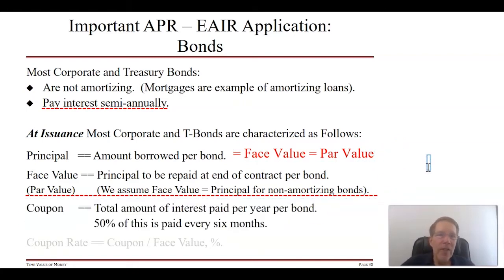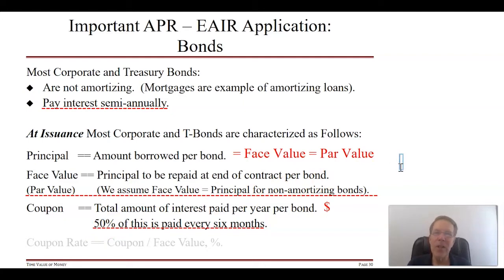The coupon is defined to be the total amount of interest paid per bond, and that's measured in dollars. So the coupon is a dollar amount, or thousands of dollars, of course, or millions of dollars, but the units are dollars. It's not a percent type thing. Okay, and so it's the total amount paid per bond per year, and we need to know, this is very important, half of it is paid every 6 months.